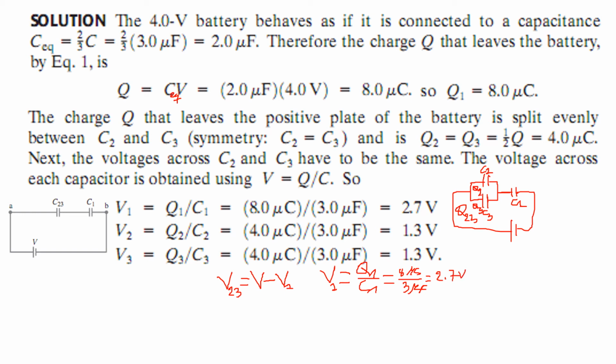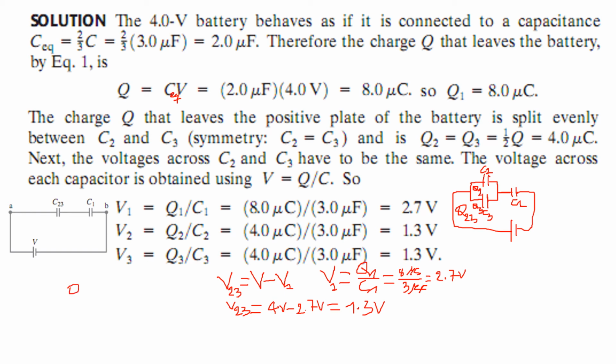V23, the voltage across the parallel connection, is equal to the voltage across the battery, 4 volts, minus the voltage across the first capacitor, 2.7 volts, which gives 1.3 volts. And we are asked to determine the charge Q2 and the charge Q3.